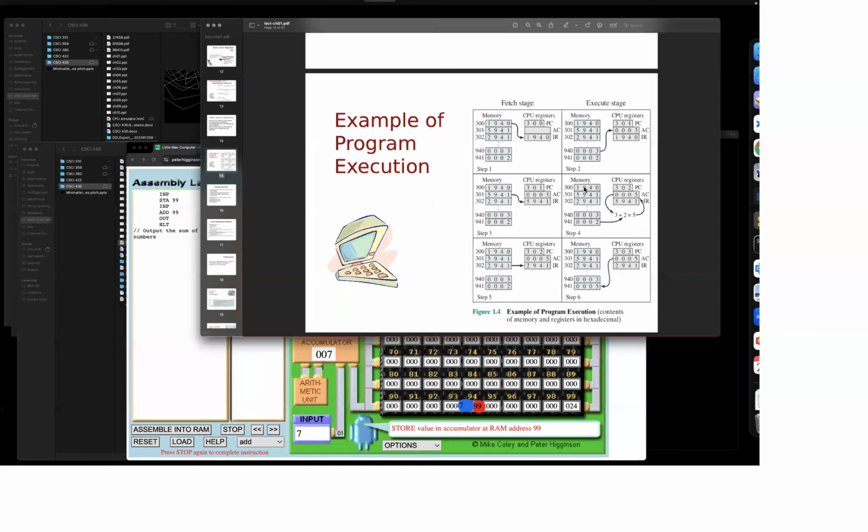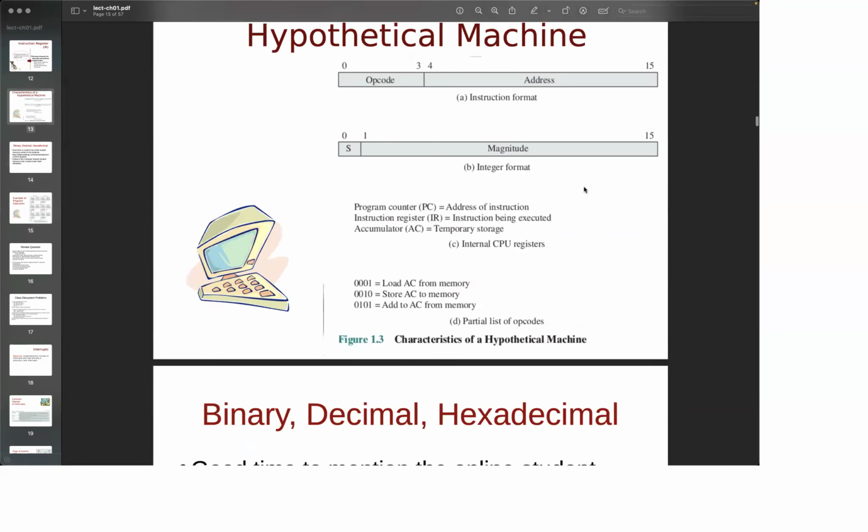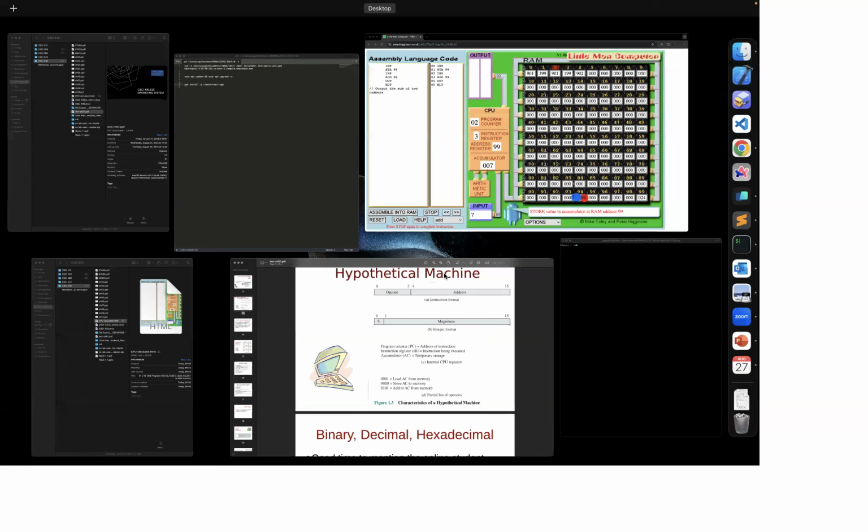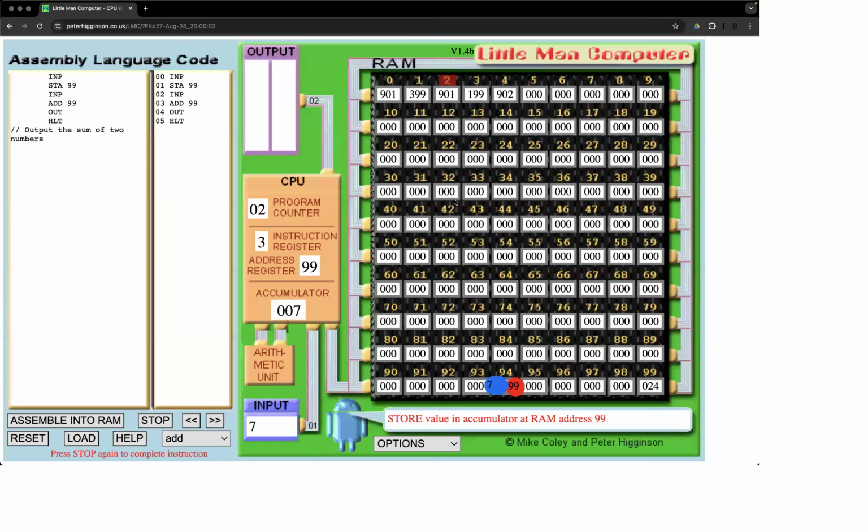If you remember, 2 here is a different instruction, for adding, so it's not the same as what we're doing. And right now the value was saved to 99.